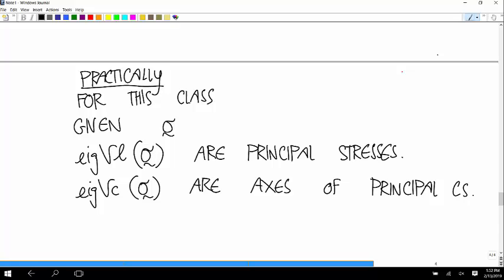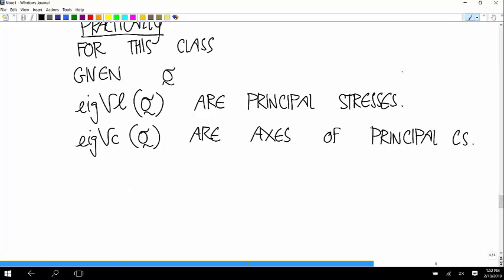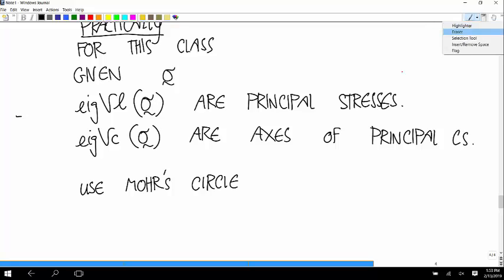A lot of you are going to transfer somewhere. And no matter where you go, some of the professors that you'll encounter are going to say use Mohr's circle to calculate the principal stresses.